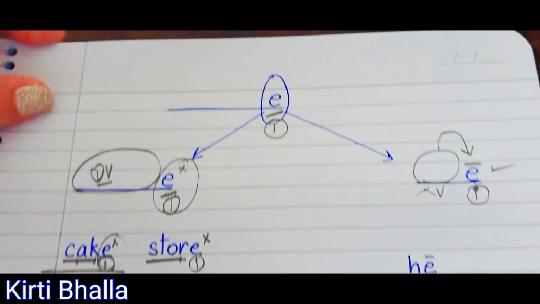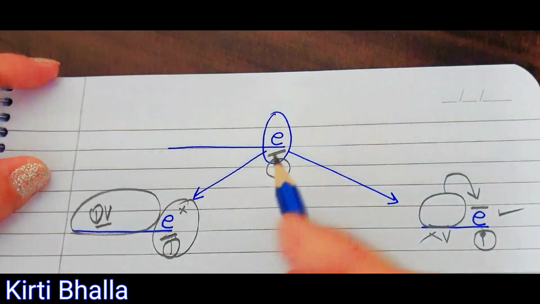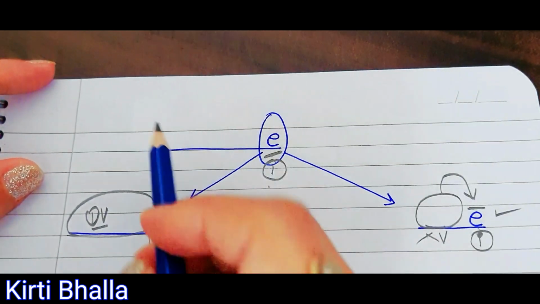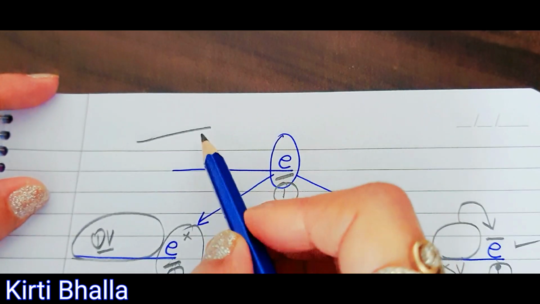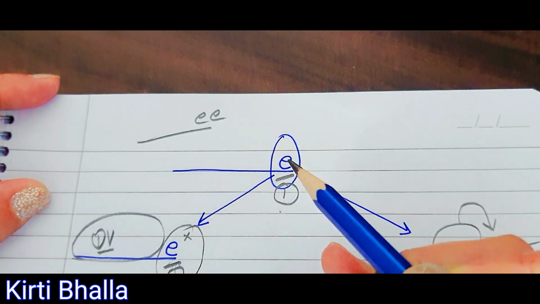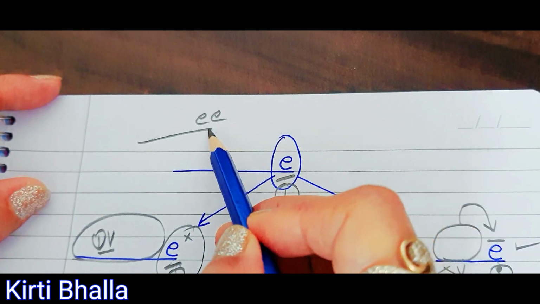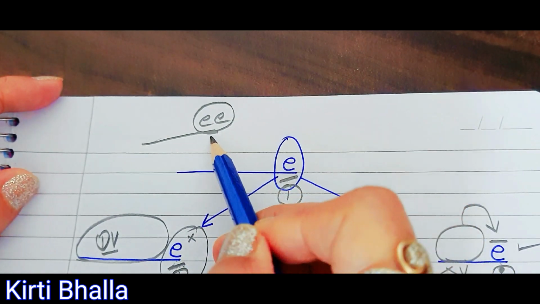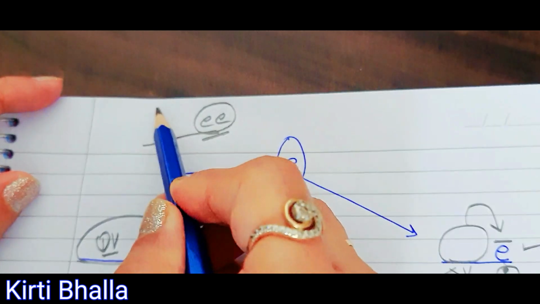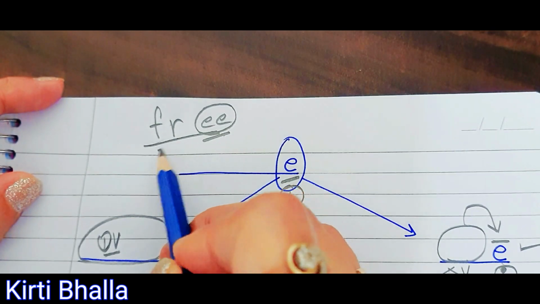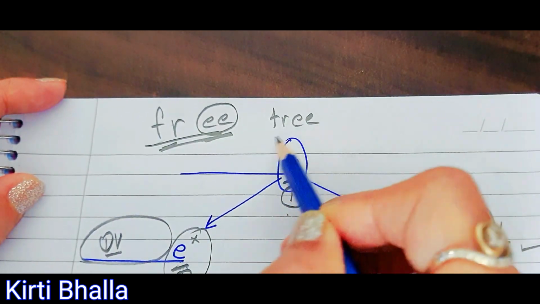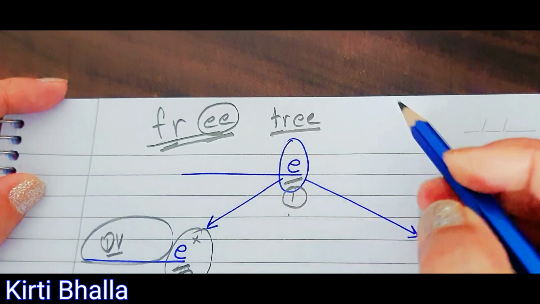Now mind it that as I have mentioned, if there is a single E at the end, in case if there is a double E at the end, then should we read that or not? Yes, we definitely have to read it. Why? Because this is a team, E. Look at this word. This word is free. This word is tree.